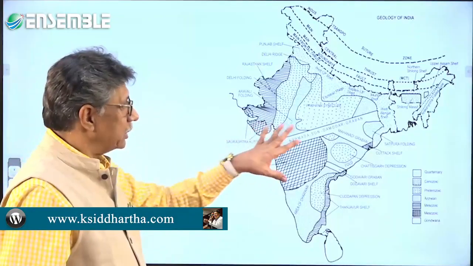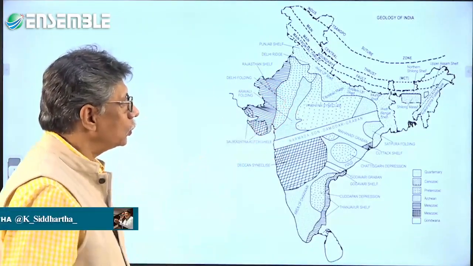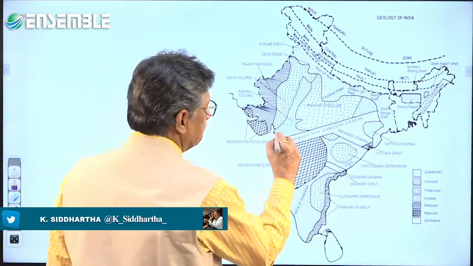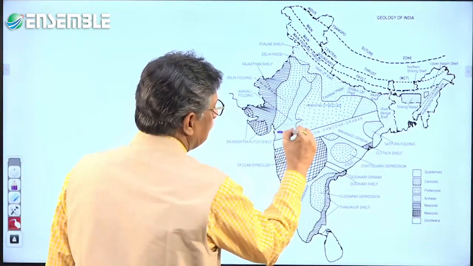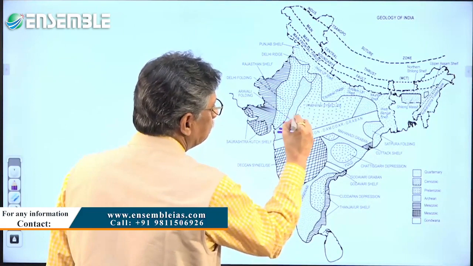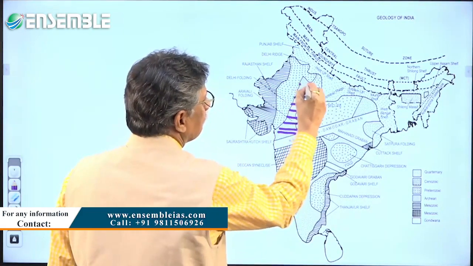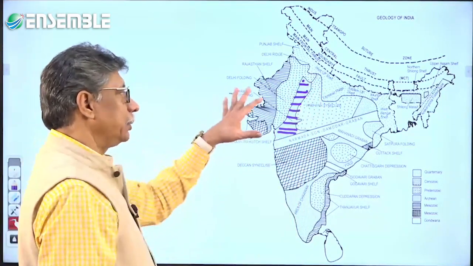Now understand this part. You're going to take a look at the Aravallis here. That's the place that you're going to find Aravalli mountains. That's one. Aravalli mountains had already been formed.